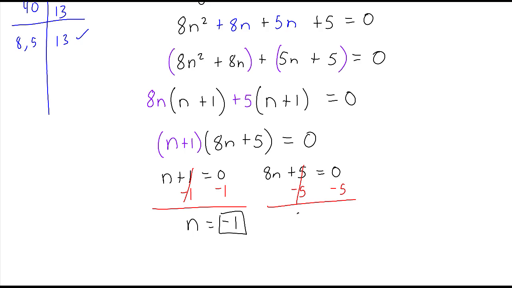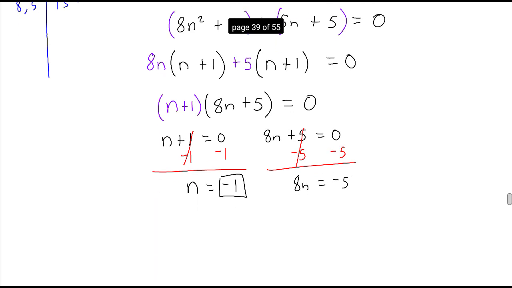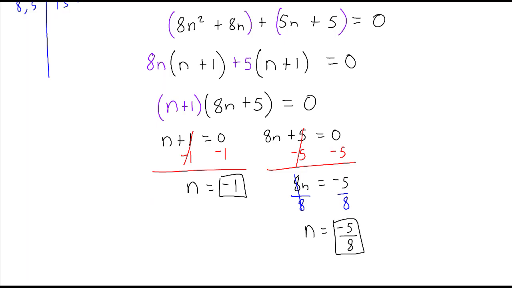I'm left with 8n equals negative 5. I'll divide both sides by 8 to eliminate that factor on 8n. And so I'm left with n equals negative 5 over 8. Okay, so that's a bit of a longer problem, but we finally found our two solutions, negative 1 and negative 5/8.